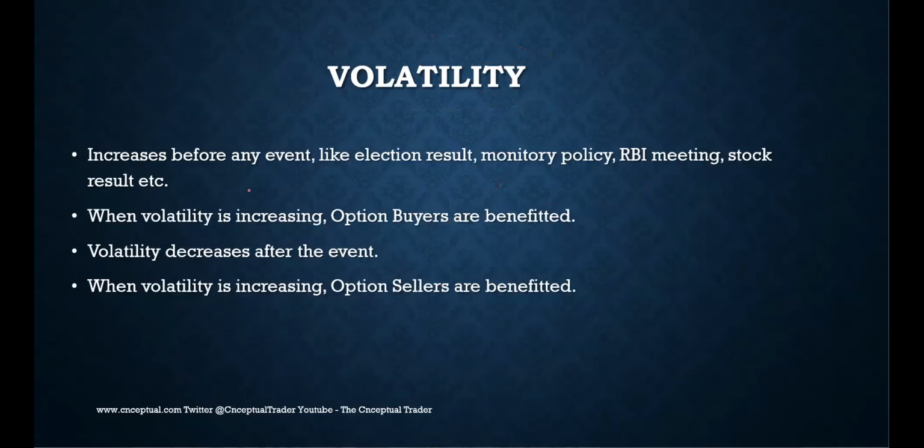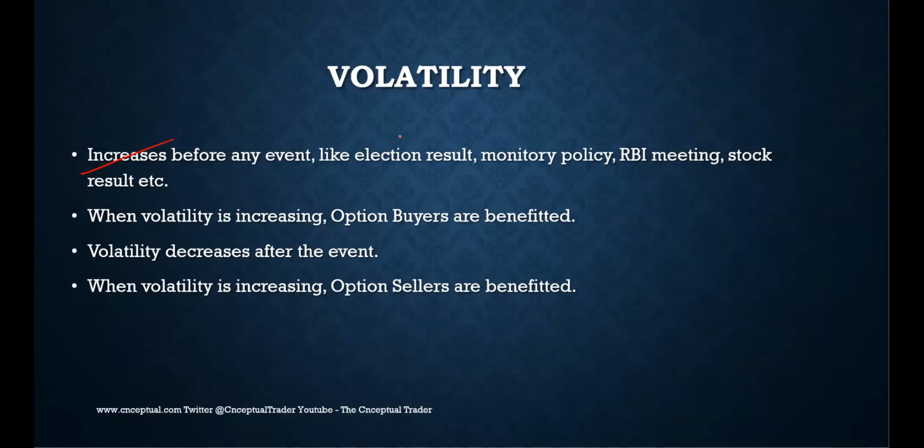What happens? Volatility increases before any event, and after the event it decreases. IV also increases before any event or any uncertain environment. Whenever an uncertain environment comes up, let's say the market suddenly goes down sharply, IV will increase.